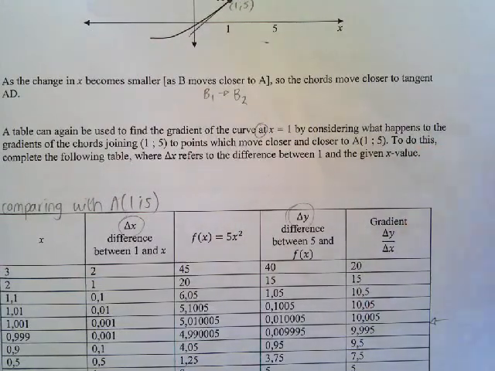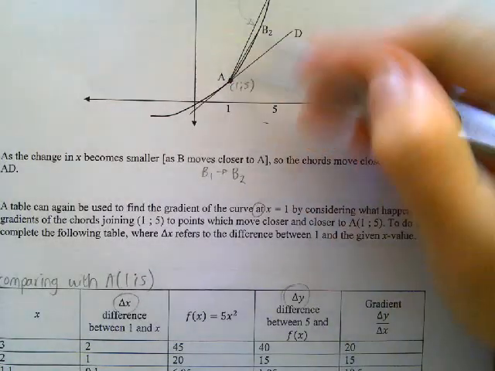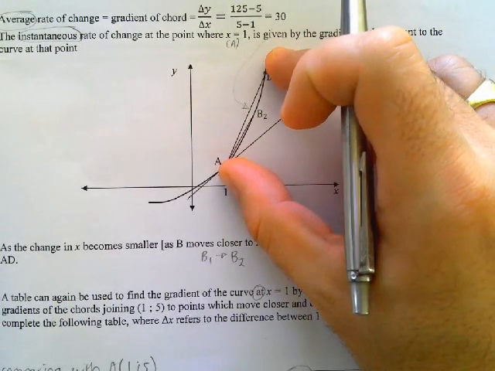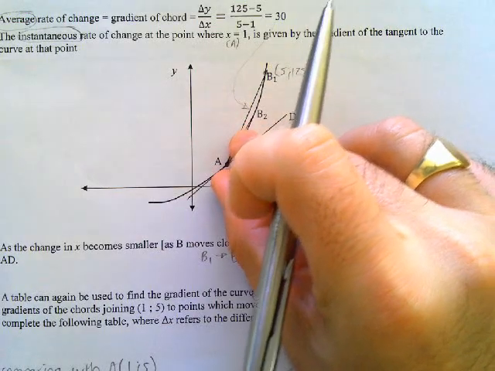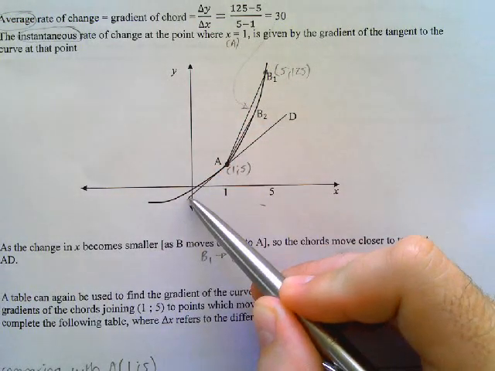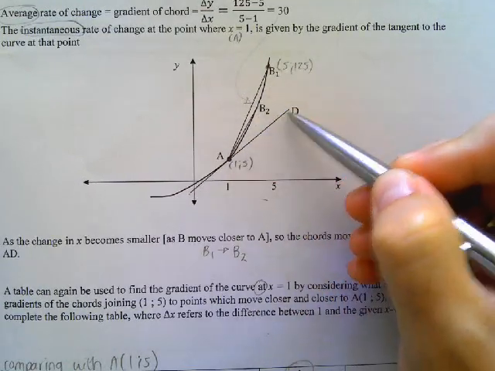So this whole table that follows tells you that as your line segment there, as A to B1, okay, A to B1 became A to B2, became smaller and smaller and smaller. Eventually it became the tangent, right? What is happening to the gradient of that line?